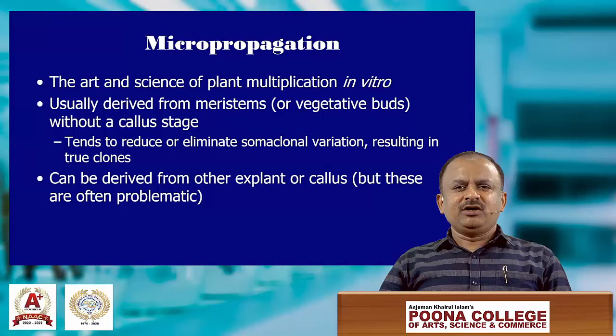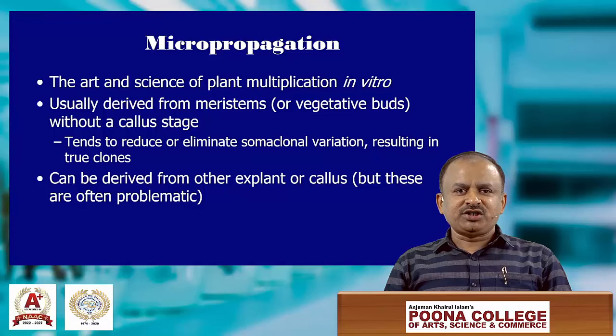As far as micropropagation is concerned, what is meant by micropropagation? The art and science of plant multiplication in vitro is called micropropagation, usually derived from meristems or vegetative buds without a callus stage, which tends to reduce or eliminate somaclonal variation, resulting in true clones.